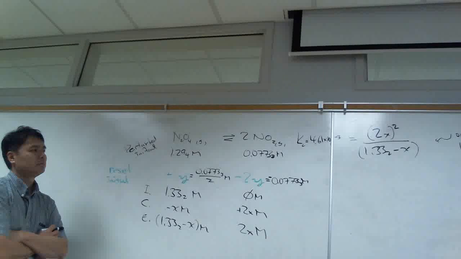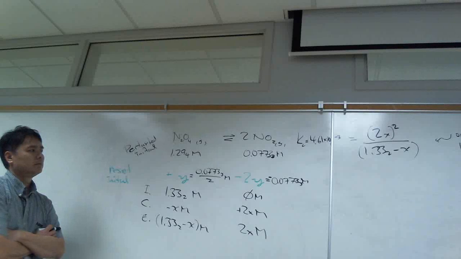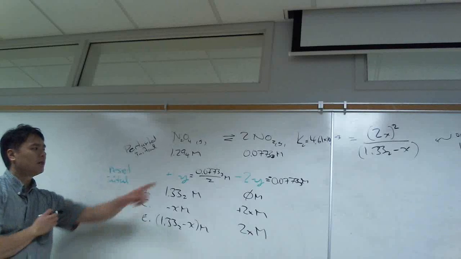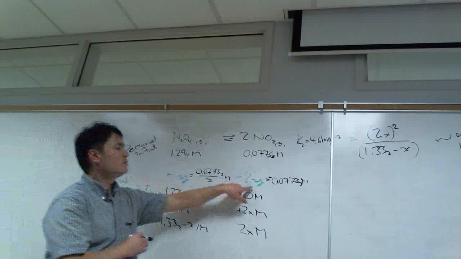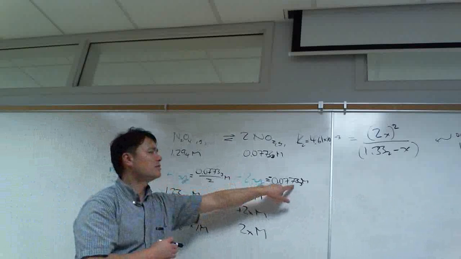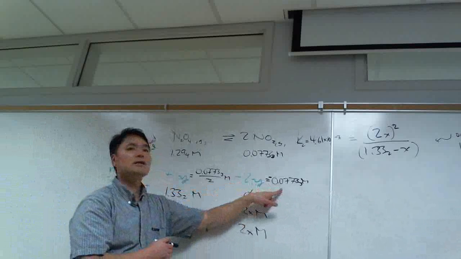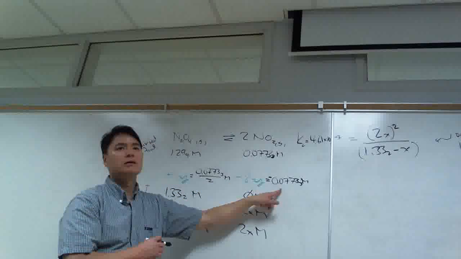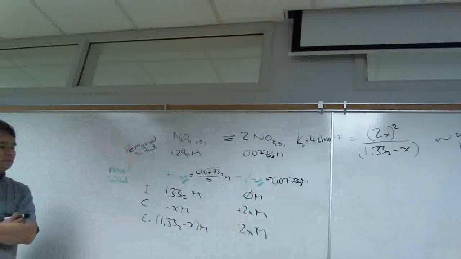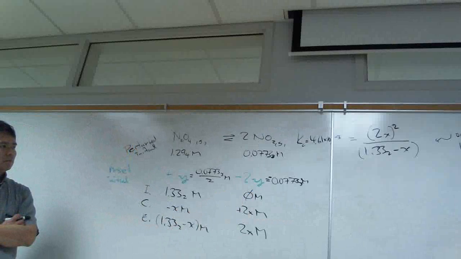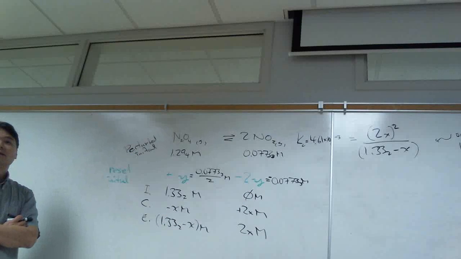So the initial would be 1.294 minus... no, plus y. So negative 2y is negative 0.07733, therefore y is 0.07733. All right? Are we good?